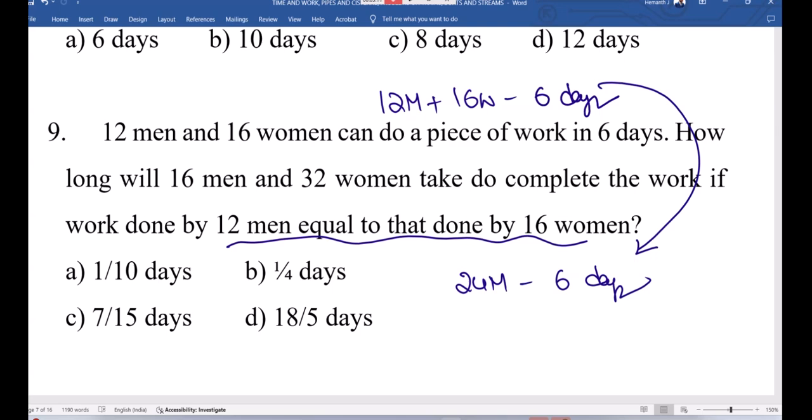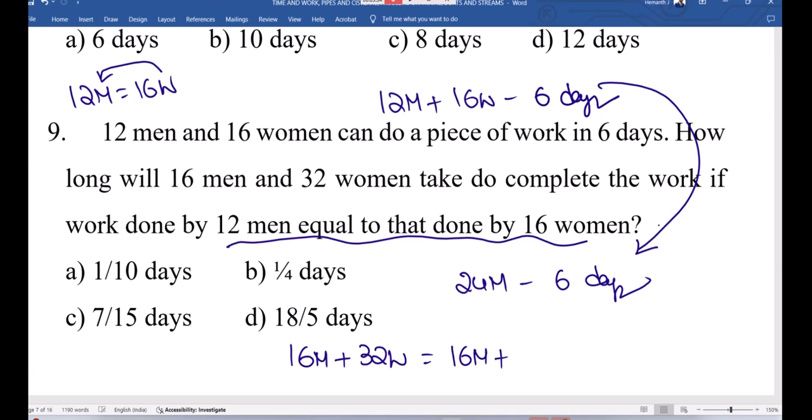Next, the question is regarding 16 men plus 32 women. Here also we have to convert entirely into men or entirely into women. We know 12 men equal 16 women, so 32 women is equal to 24 men.